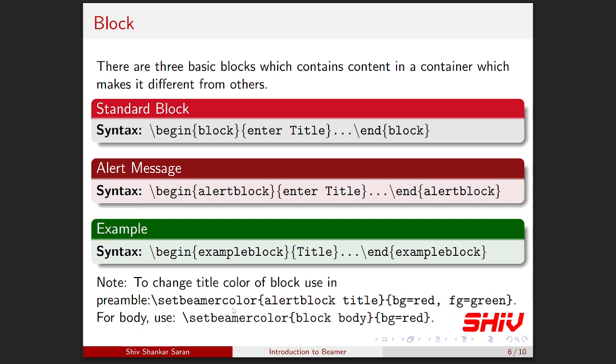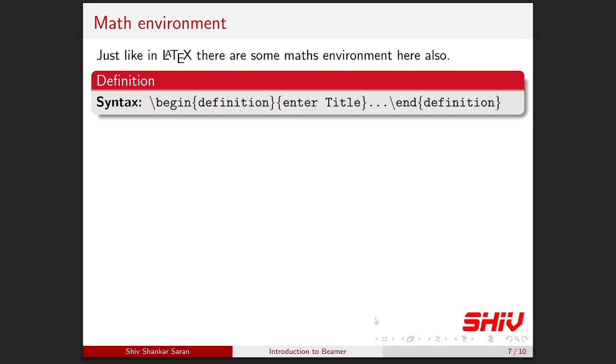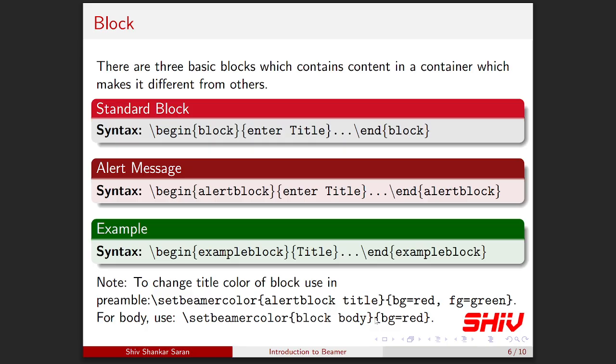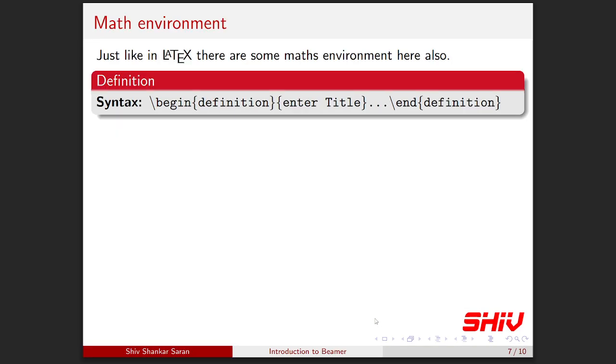And for the body we can use setbeamercolor block body, and then bg equal to red. Okay, that's it.